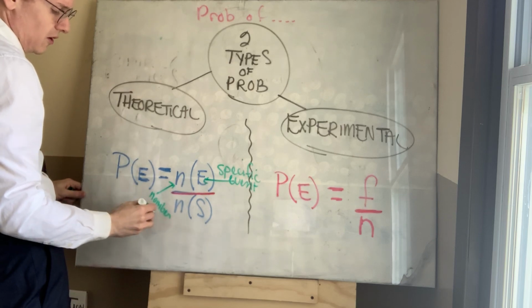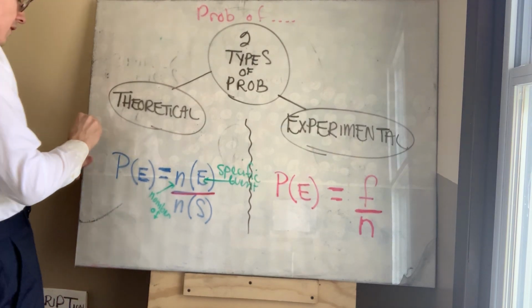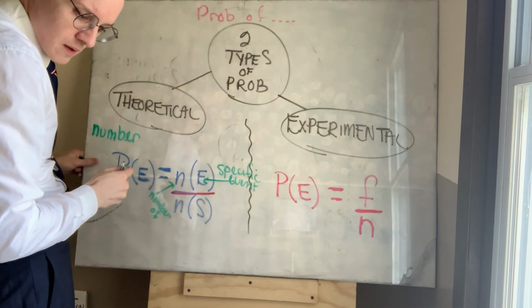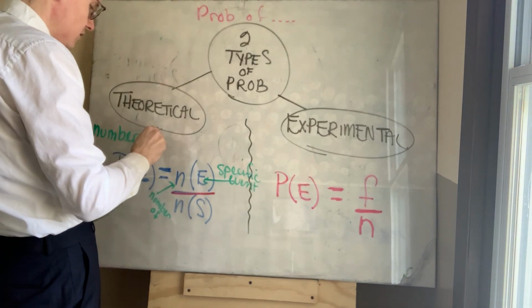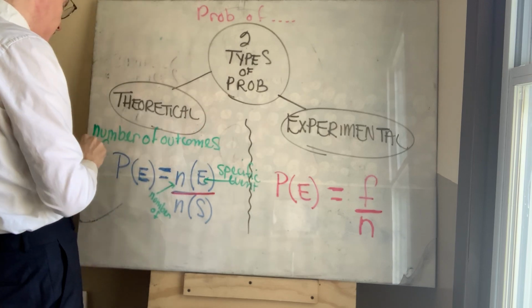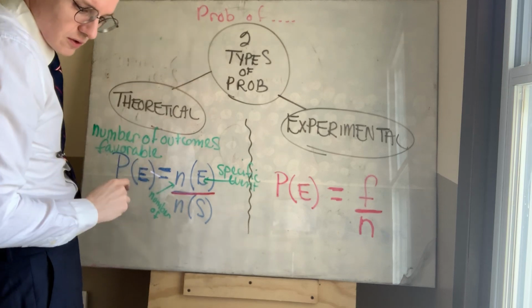So it's the number of the specific events that are possible. The number of outcomes favorable to the event.